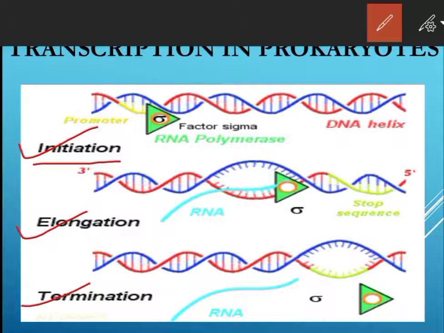So the sigma factor will get associated with RNA polymerase and it will then bind to the promoter region as shown in the diagram. It uses nucleoside triphosphates as substrate and polymerizes in a template-dependent fashion, obeying the rule of complementarity. It also facilitates opening of the helix and continues elongation.